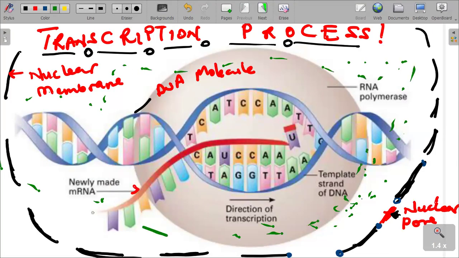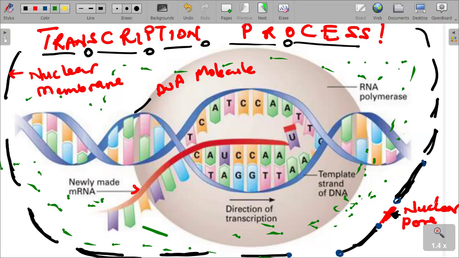The nuclear plasm has the nucleotides, which are the building blocks of DNA. It has the phosphate, the sugar, and the nitrogen bases. Don't forget that both nucleic acids are formed from nucleotides as the building blocks.